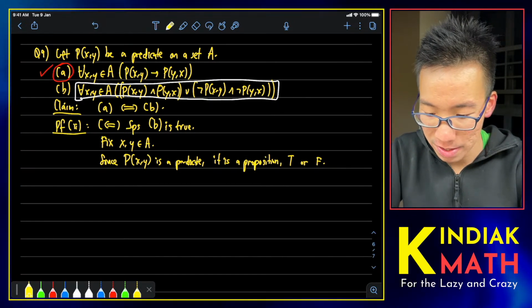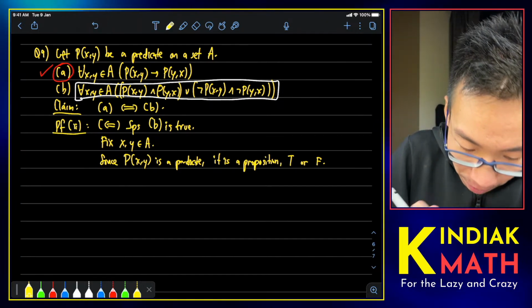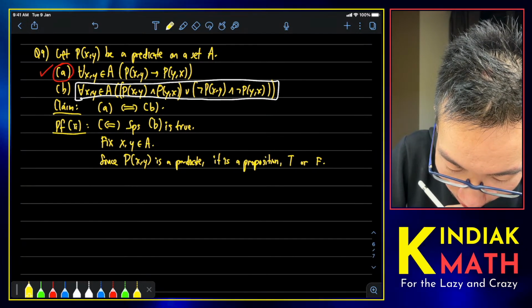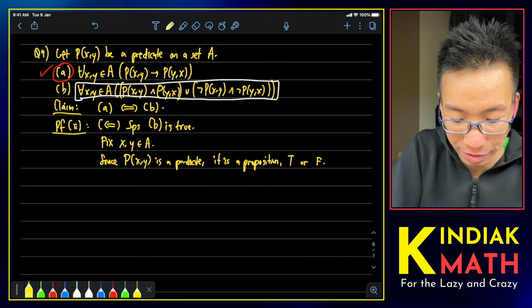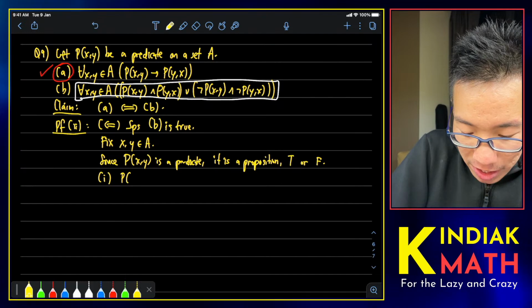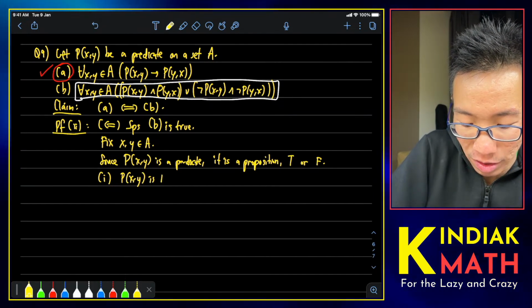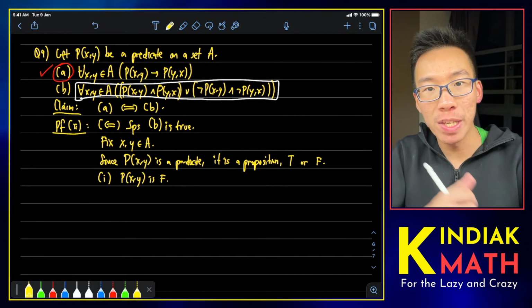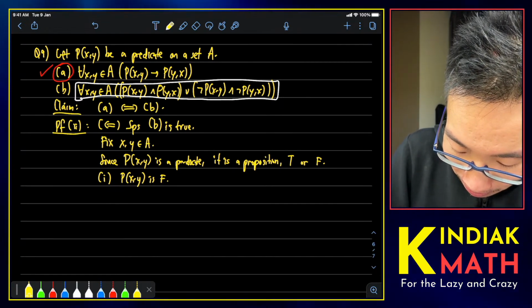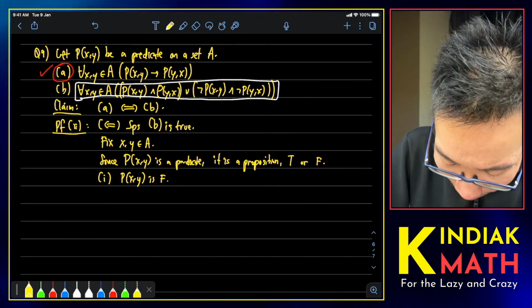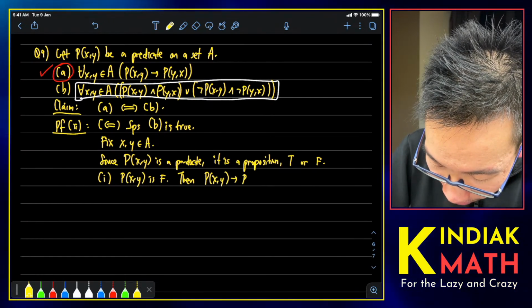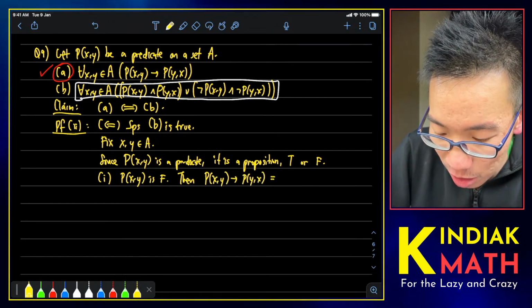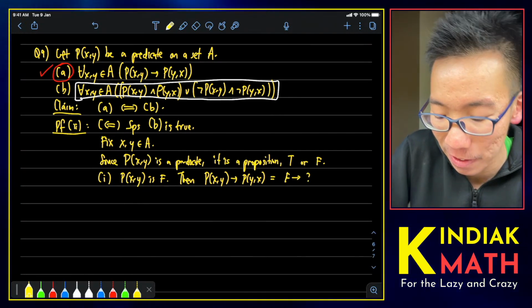So let's see what we need to do. Technically, we have two cases, right? The first case is if Pxy is false. Suppose Pxy is false, then the implication is going to be false implies anything.